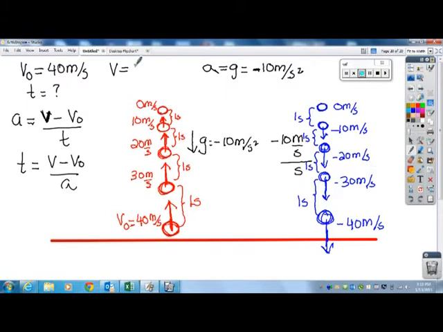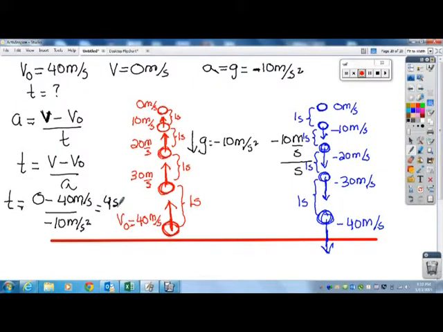Right here means your final velocity is 0. So, when you come back down to your equation to find the time, for final velocity, you're going to plug in 0. For initial velocity, you're going to plug in 40. And for acceleration, you're going to plug in negative 10 meters per second squared. So negative 40 divided by negative 10 is 4 seconds.